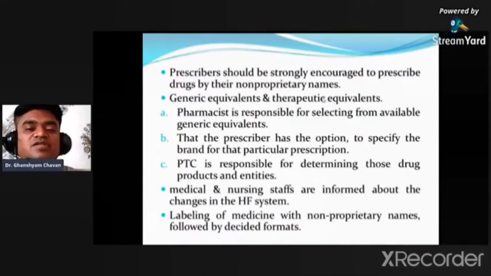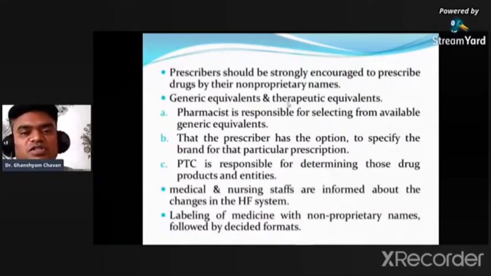And therapeutic equivalents. Suppose a molecule does not have that much use or effect in a typical disease, so we should go for another analog of that molecule in the same category. For example, in the case of lipid-lowering drugs, if simvastatin is not suitable, you should go for lovastatin or rosuvastatin.